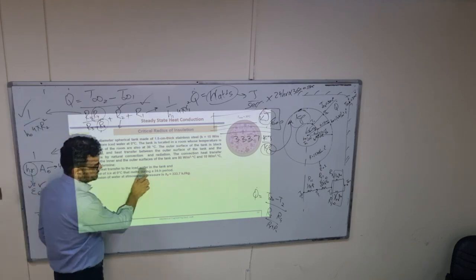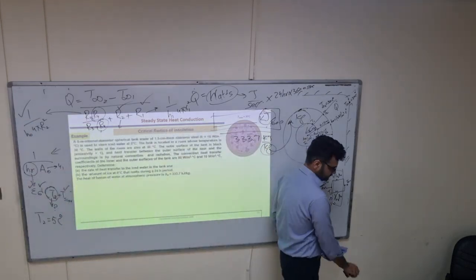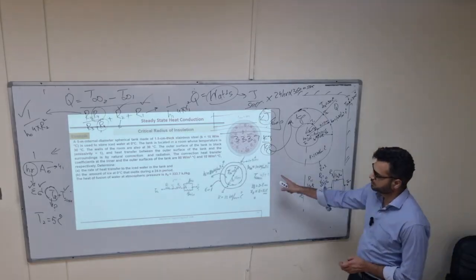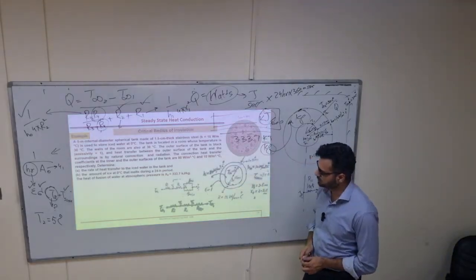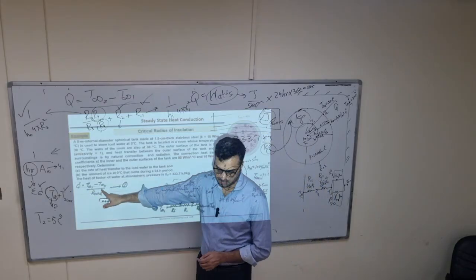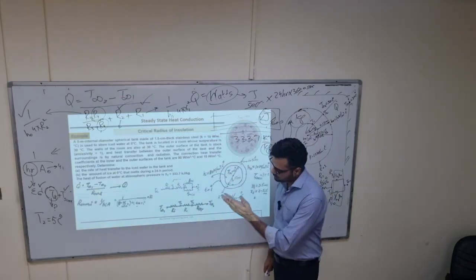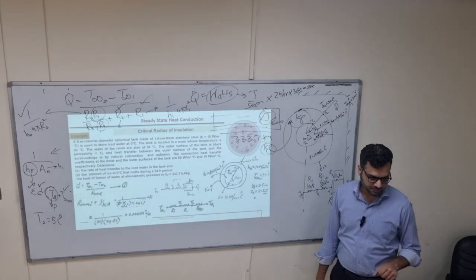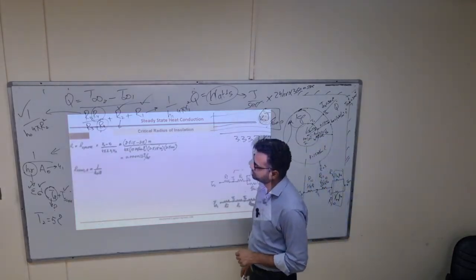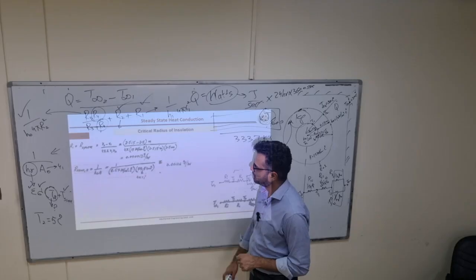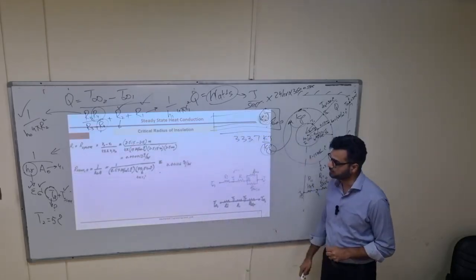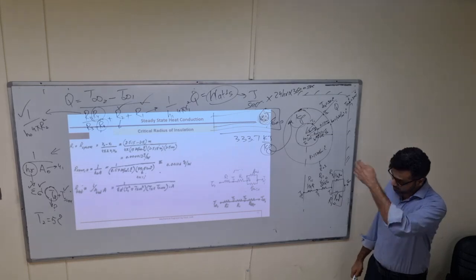So let's see the solution. Schematic resistance network, right? Equivalent resistance, overall Q dot, right? So now start calculating each individual resistance. R1, the outer convective, this is the surface area of the sphere, or radiative.